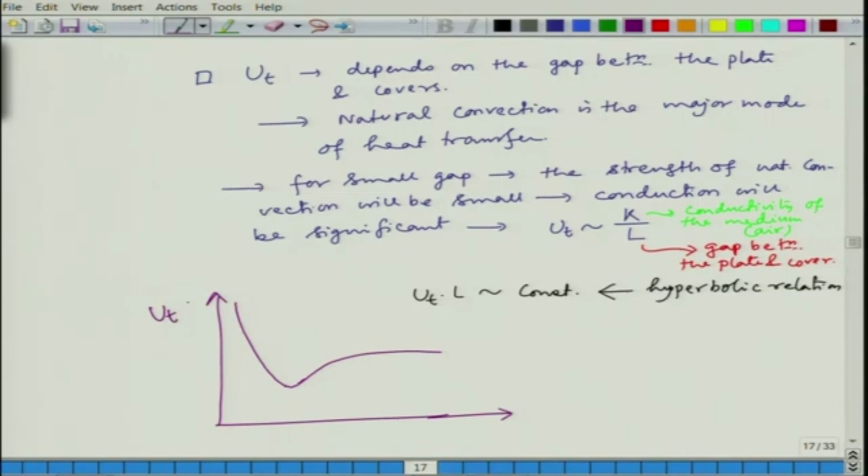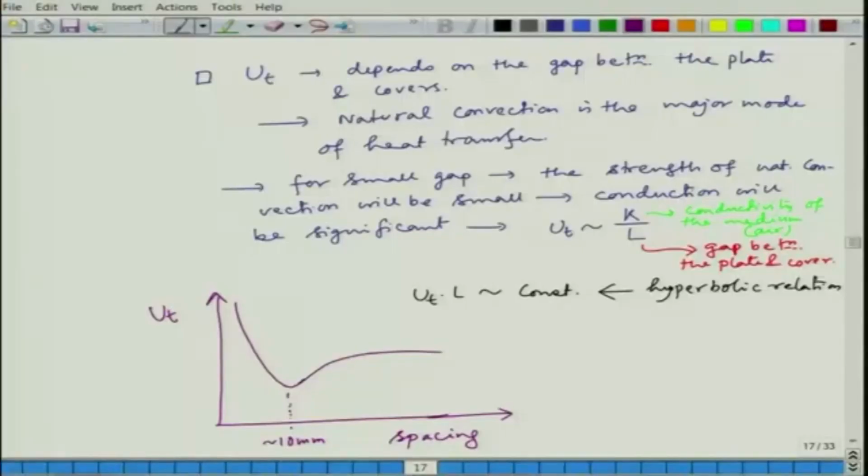So, UT if you plot, and this is the spacing or gap between the plate and the collector, then we can see that up to a certain gap it is about 10 mm. Of course, it will depend on the air pressure inside that gap, the exact material of both the cover and the plate, but for a ballpark value we can say up to 10 millimeter the conduction will be dominant, and then the convection becomes important.